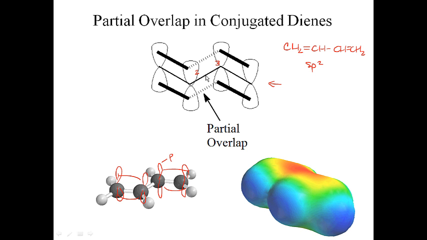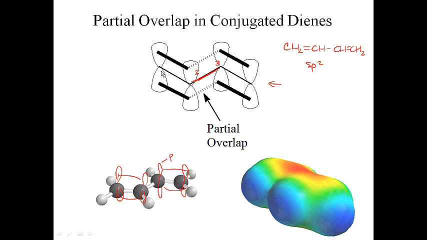They have a single bond, but they have p orbitals that are parallel to each other. And so the reason why a conjugated system is more stable is because there's a little bit of an overlap between carbons 2 and 3, because their p orbitals are parallel to each other.